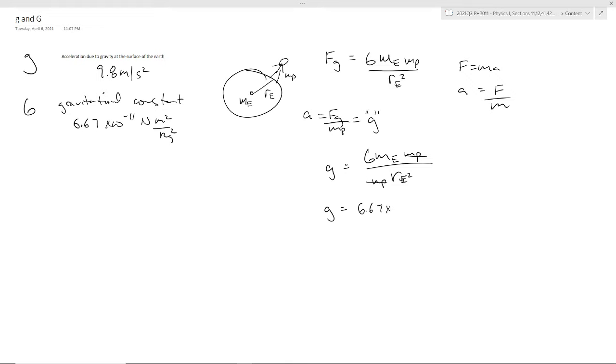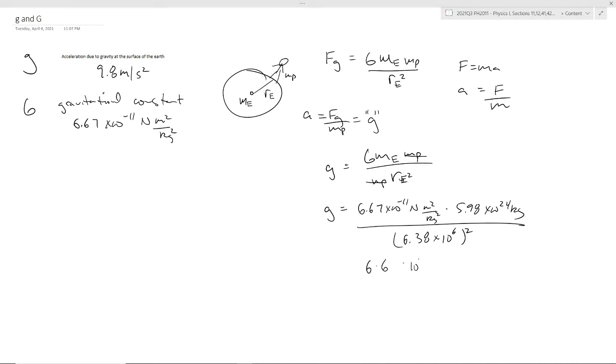So we can compute this. This will be 6.67 times 10 to the minus 11. The mass of the Earth is this big number, 5.98 times 10 to the 24. Radius of the Earth squared. The radius of the Earth is 6.38 times 10 to the 6 meters, and we'll square that. We can estimate this really quick, and you'd see that this is basically 6 times 6, 10 to the negative 11 plus 10 to the 24.